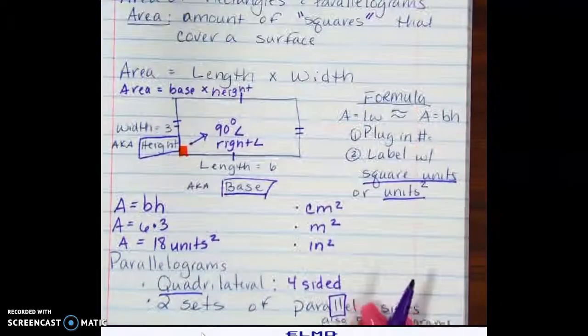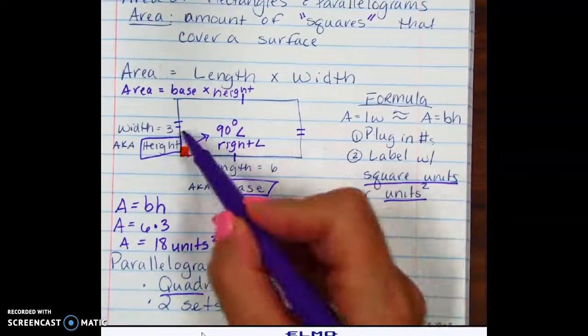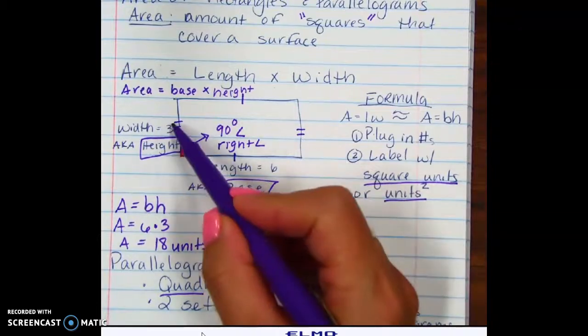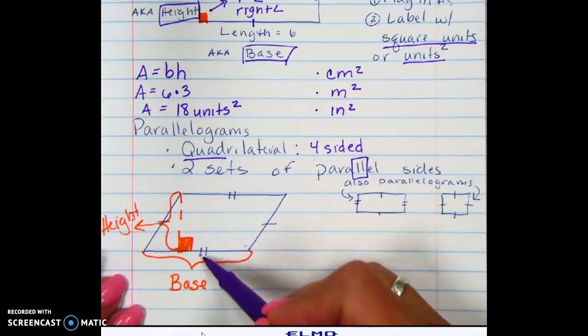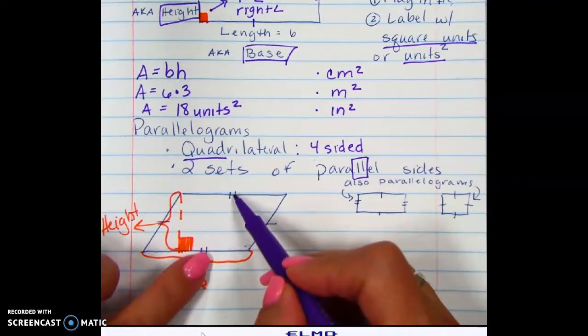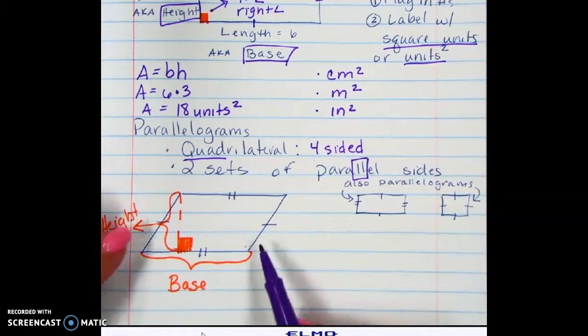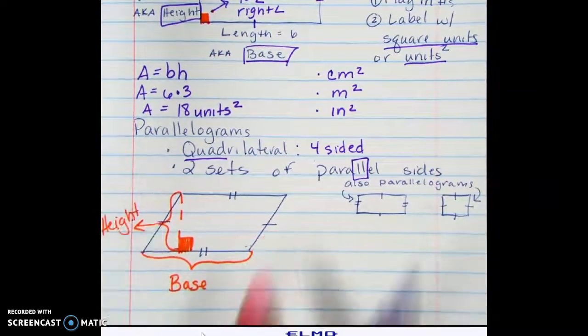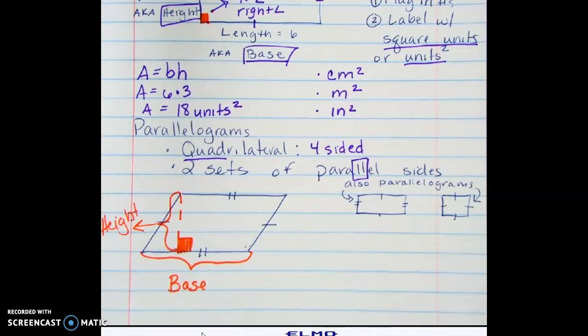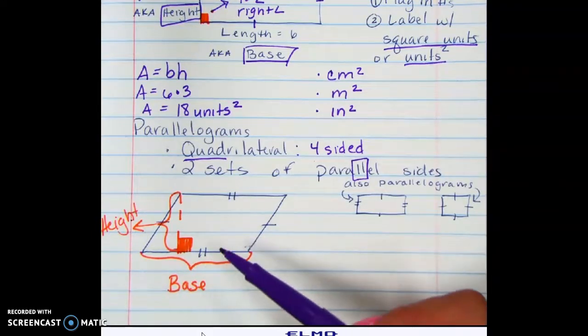Now, as I made these marks here to indicate that these were the same length, I have made those here as well. These two marks mean that these two dimensions are exactly the same. These two marks and these two marks, those lines on the blue, mean that those two sides are exactly the same. So it's kind of like a smushed down rectangle.